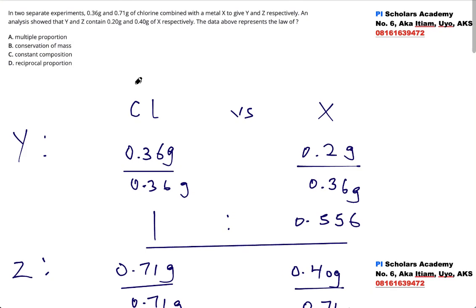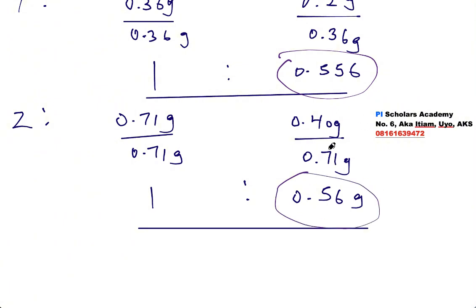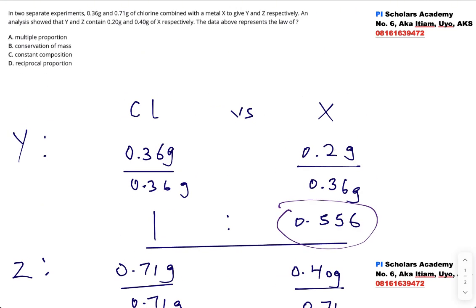If it was the law of multiple proportion, these two values, 0.556 and this one, would just be in whole number ratio, which is what the law of multiple proportion is saying. So the correct answer for this particular question will be the law of constant composition.